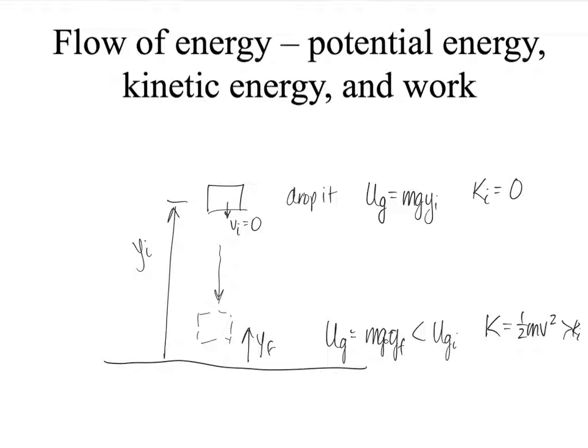And the idea here is that the potential energy that it had initially starts getting transferred into kinetic energy as the object falls. Its potential energy starts to decrease and its kinetic energy starts to increase. The total amount of energy, the sum of the two added together, will remain the same, but will go from one type of energy into another. And this is forming the basis of what we talk about when we talk about conservation of energy.